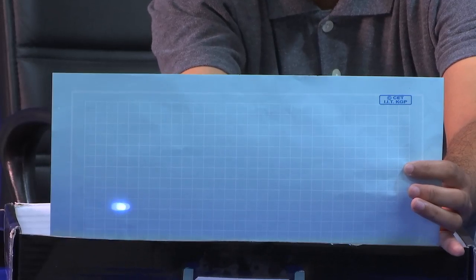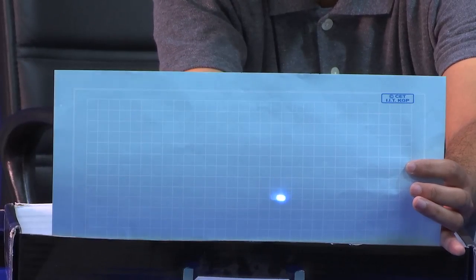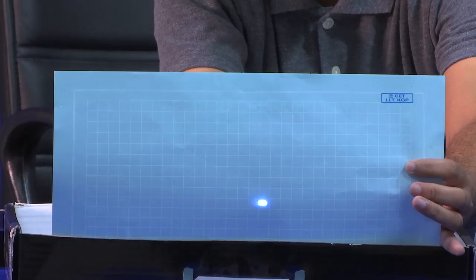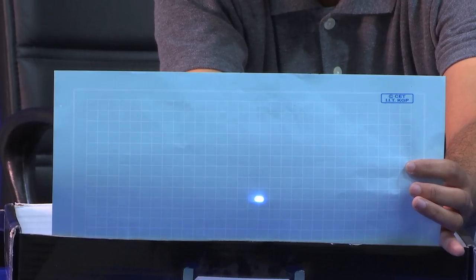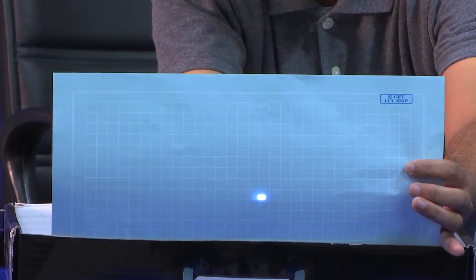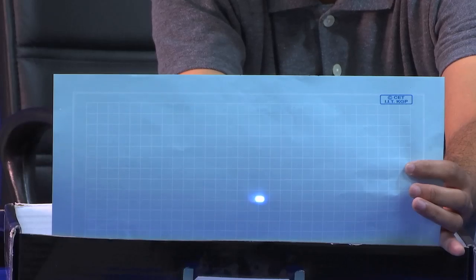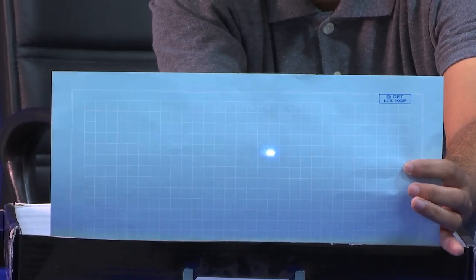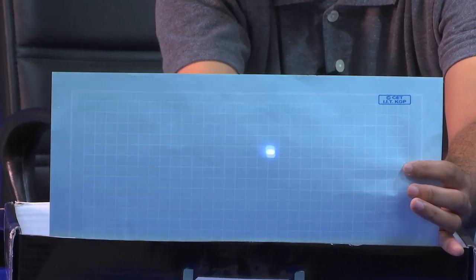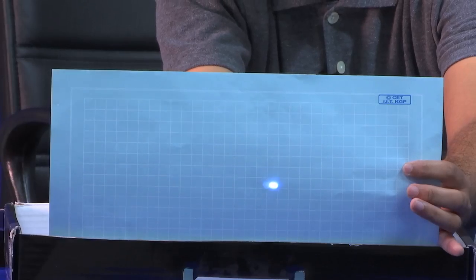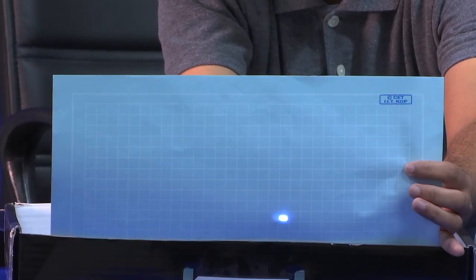Similarly, if I apply no voltage to the horizontal plates and a positive voltage between the vertical plates, then the beam will go up. More positive, more up, and if I apply negative voltage, it will go down, more negative, it will go further down.